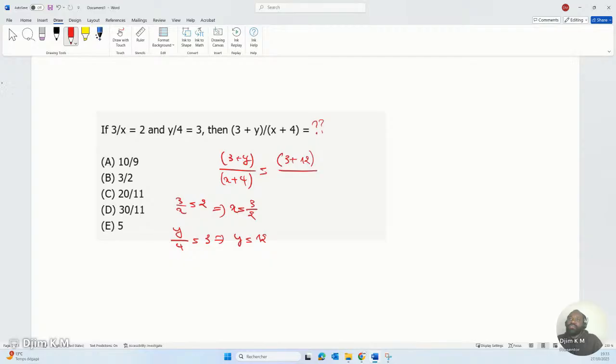And then the value of x is 3 over 2 plus 4. This will give us 15. And here we will have 3 plus 8 over 2, so 11 over 2.